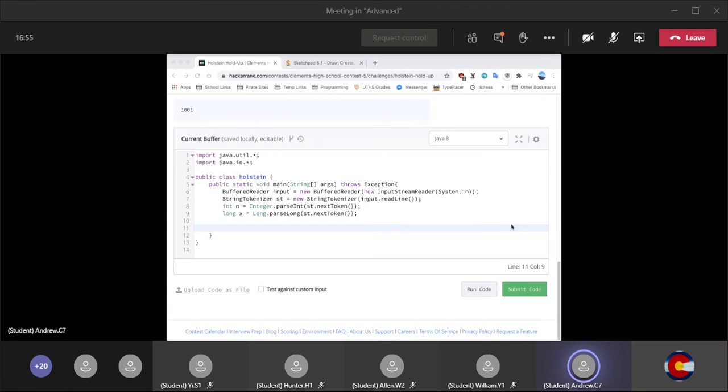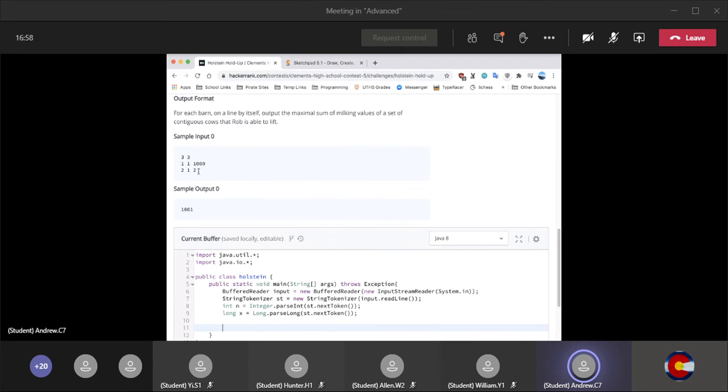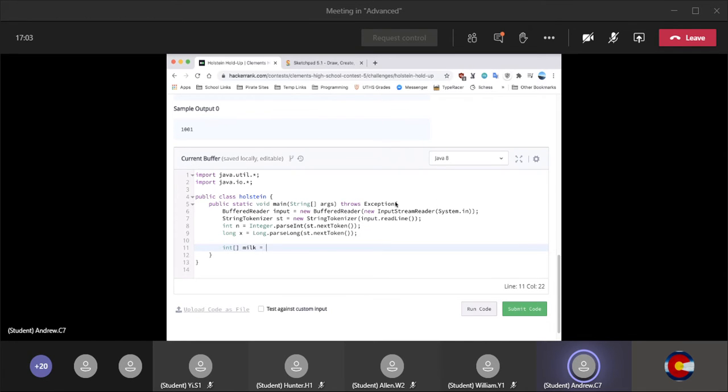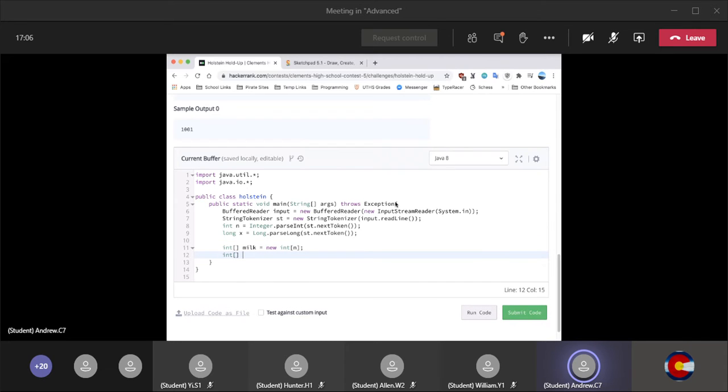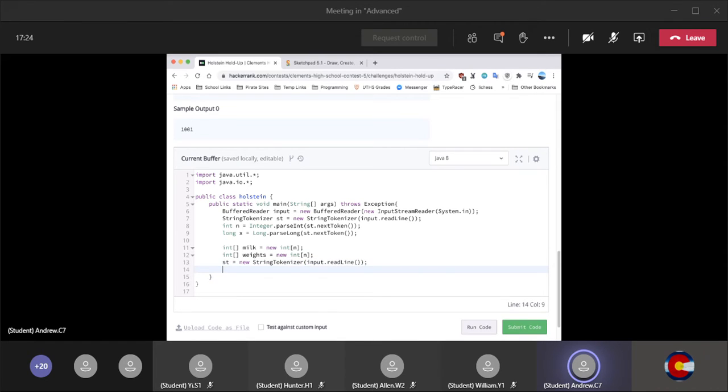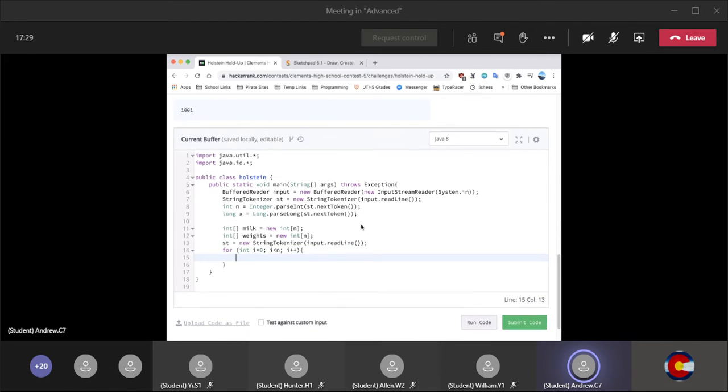Then let's input these next two lines, each with n numbers. So first would be int milk equals new int n, and then int weights equals new int n. So this st would then represent the next line. Then for int i equals 0, i less than n, i plus plus, we enter the milking values of each cow.